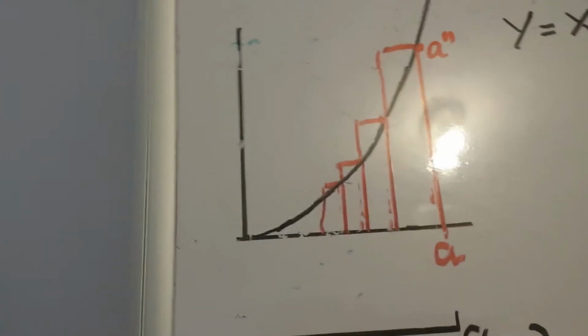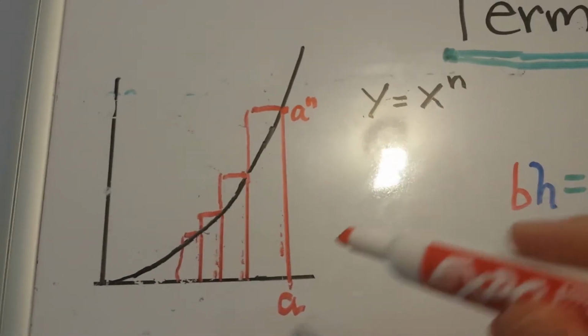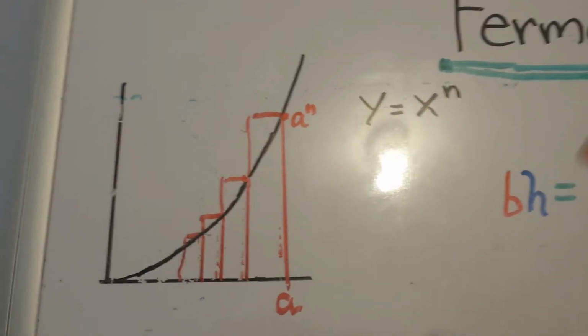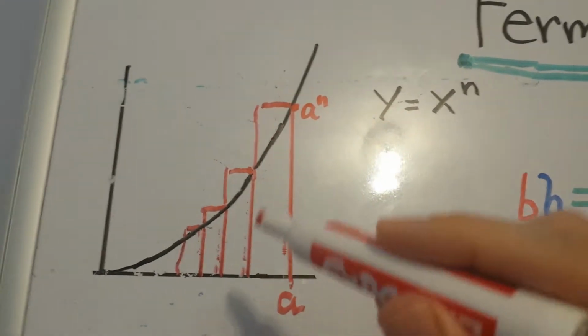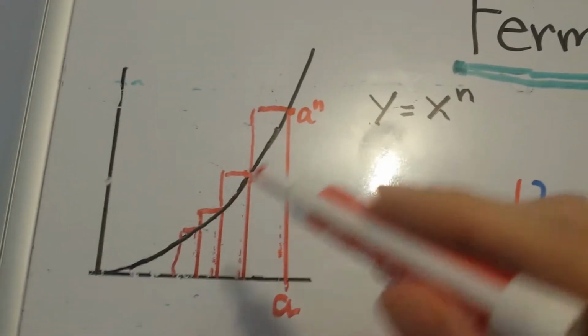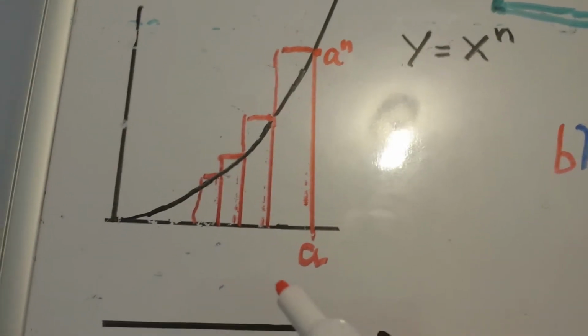Like most integration techniques, he would take the curve y equals x to the n for a given n, and he would make these rectangles that go to the height of the curve. However, the bases had an interesting formation.